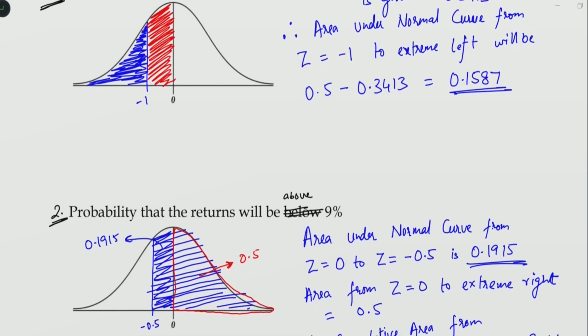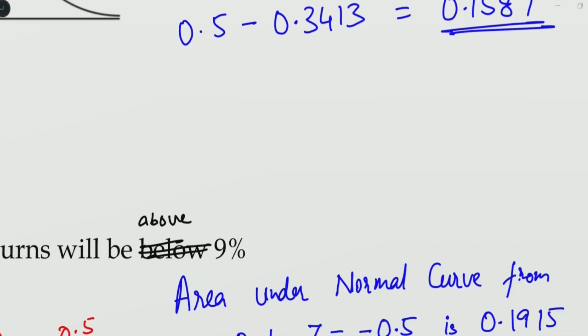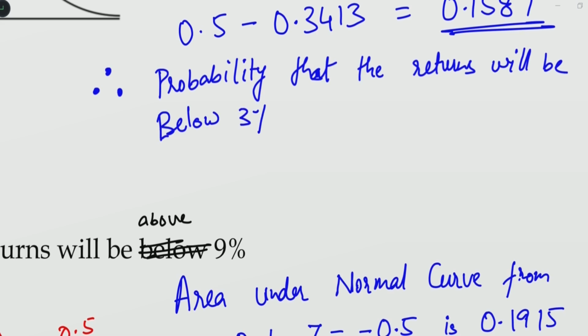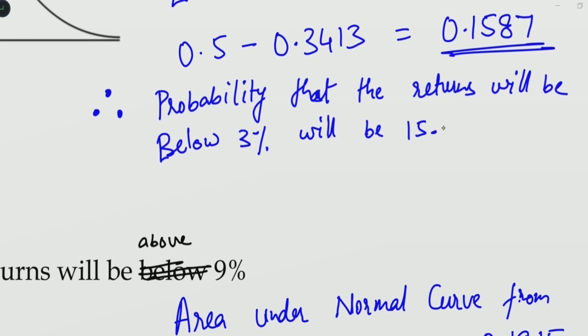So what we are now concluding is that, therefore, the probability that the returns will be below 3% will be 15.87%.